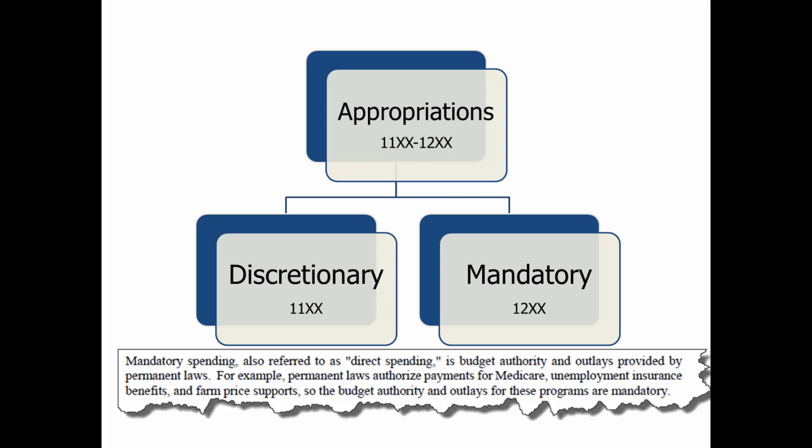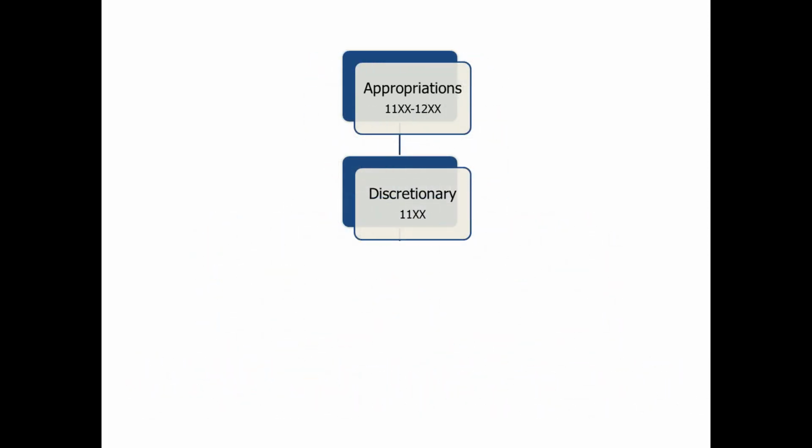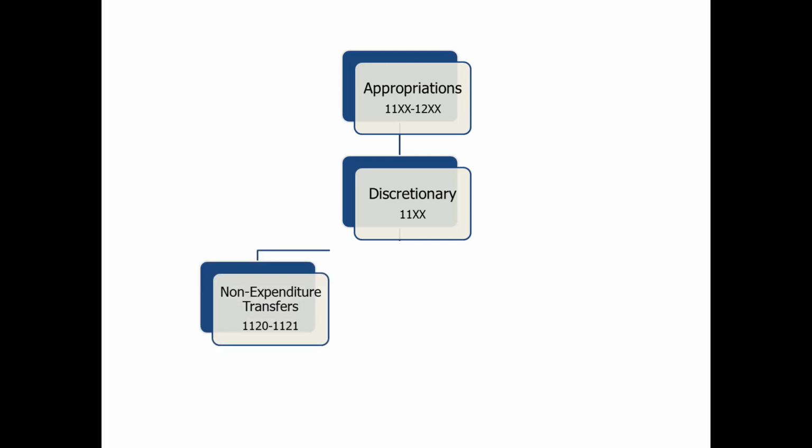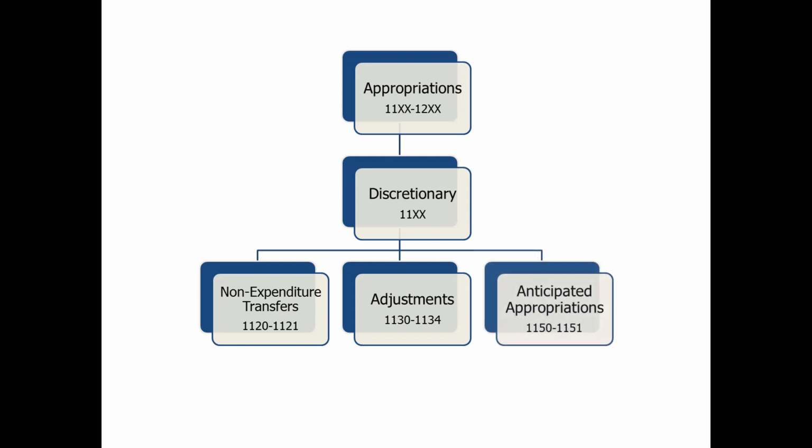Let's cover discretionary appropriations first. You will note that discretionary appropriations are divided into a similar three basic subdivisions as unobligated balances: non-expenditure transfers, adjustments, and anticipated.